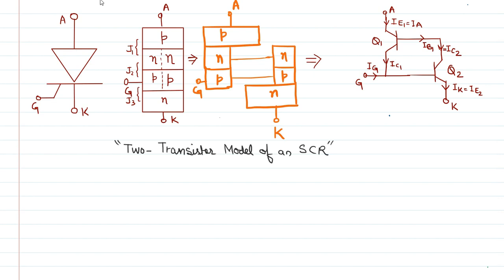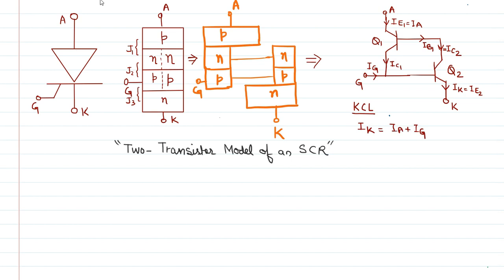So we'll write down a few KCL equations based upon this circuit. The KCL equation for this thyristor: the current collected at the cathode will be the sum of the anode current plus the current supplied from the gate, IA plus IG.